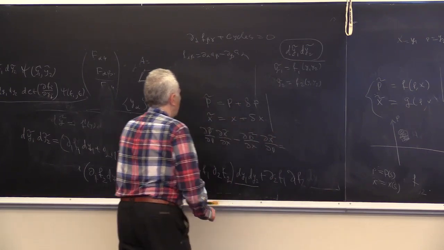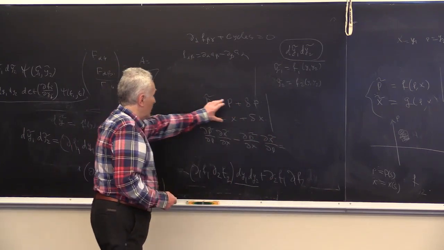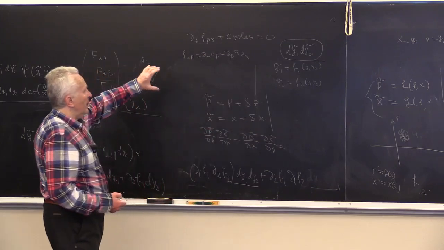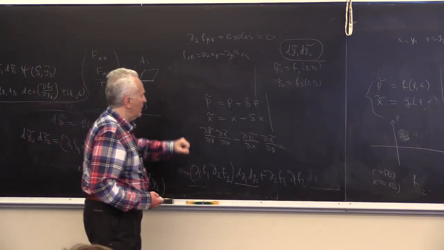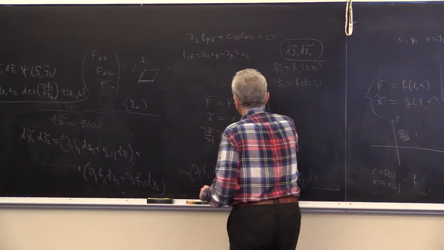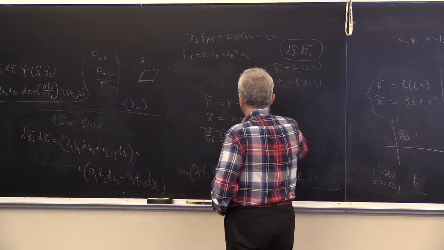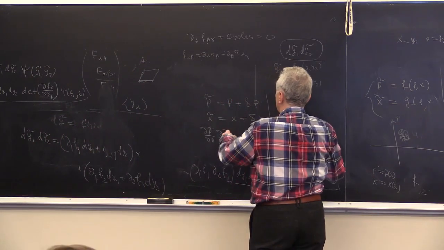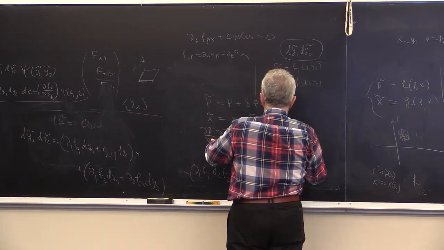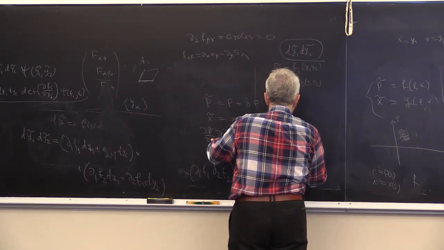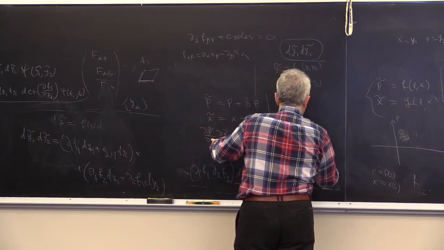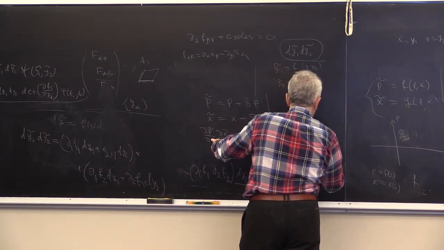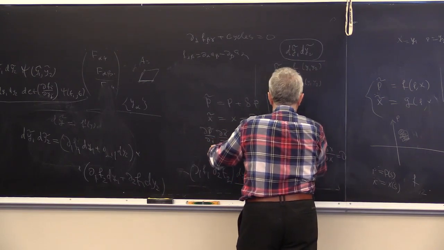Let's substitute this and just expand in delta p and delta x, and we will get d delta p over dp plus d delta x over dx is equal to 0.